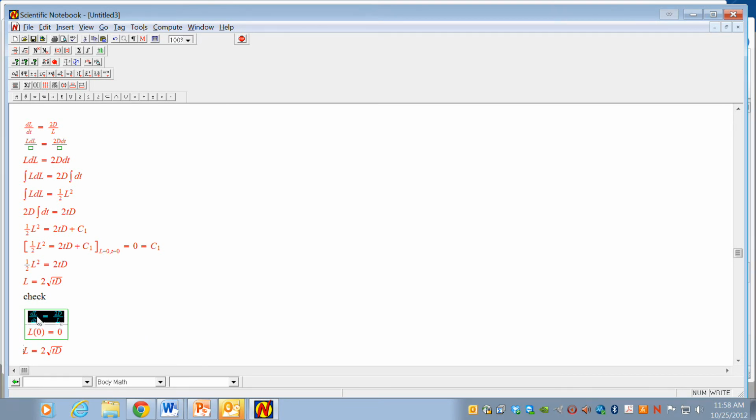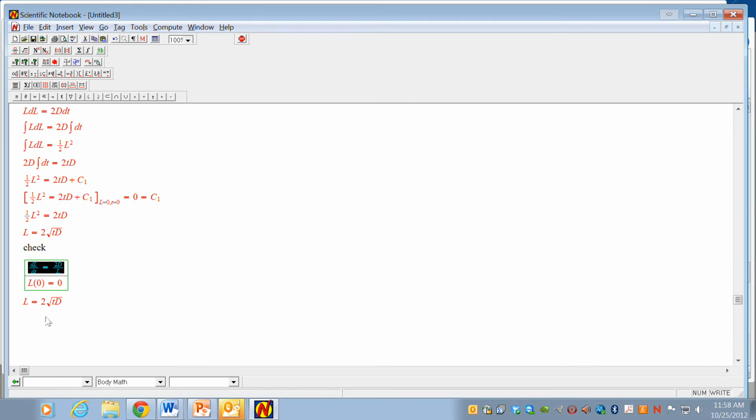And to see if it satisfies this equation, we substitute it in. The first thing we do is take the derivative of both sides. So the derivative of dL/dt is going to be d/dt of that stuff, and that's going to equal that.